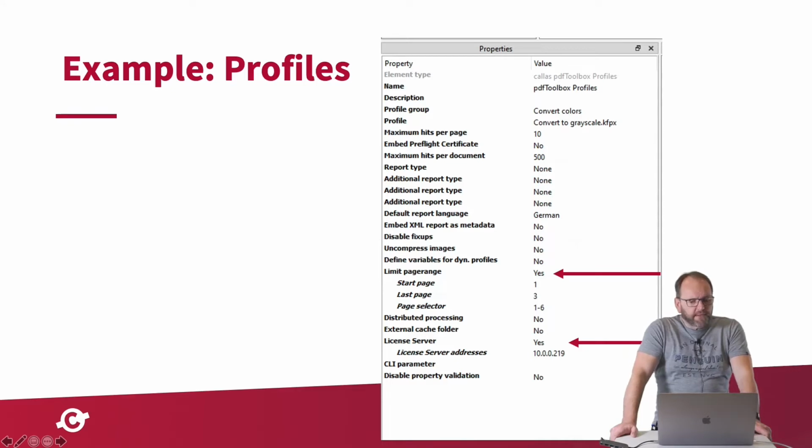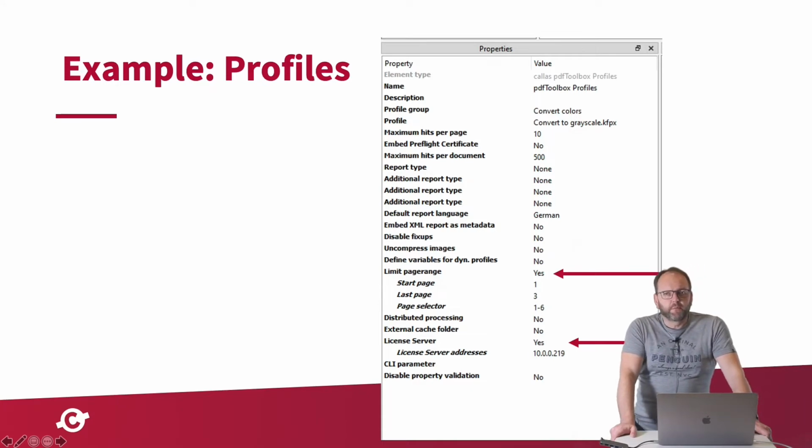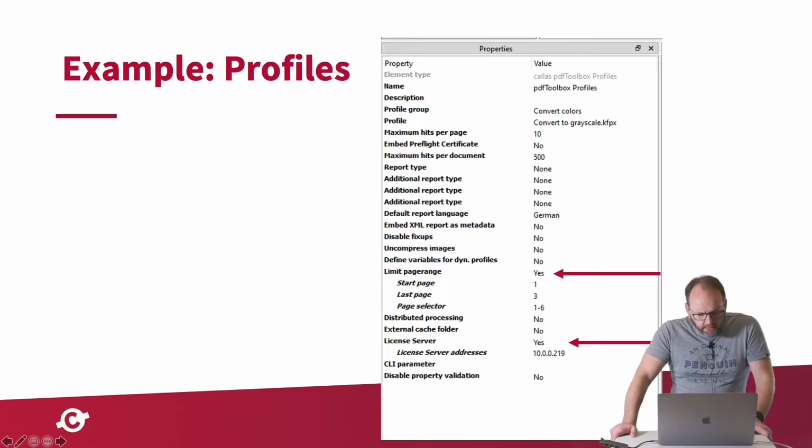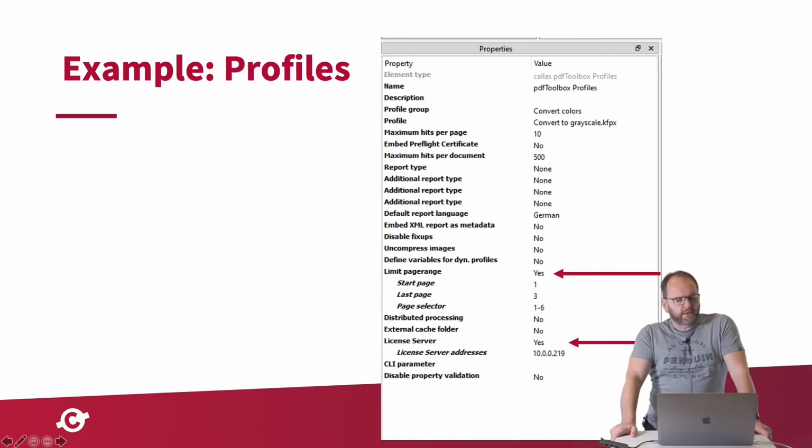So don't look at that, but come back on Friday for that. And then license server, where you can say, I want to use license server, and then have an IP address where it can be found. There is no port there, which means it's the default port, but you can enter a port at the end of that as well.